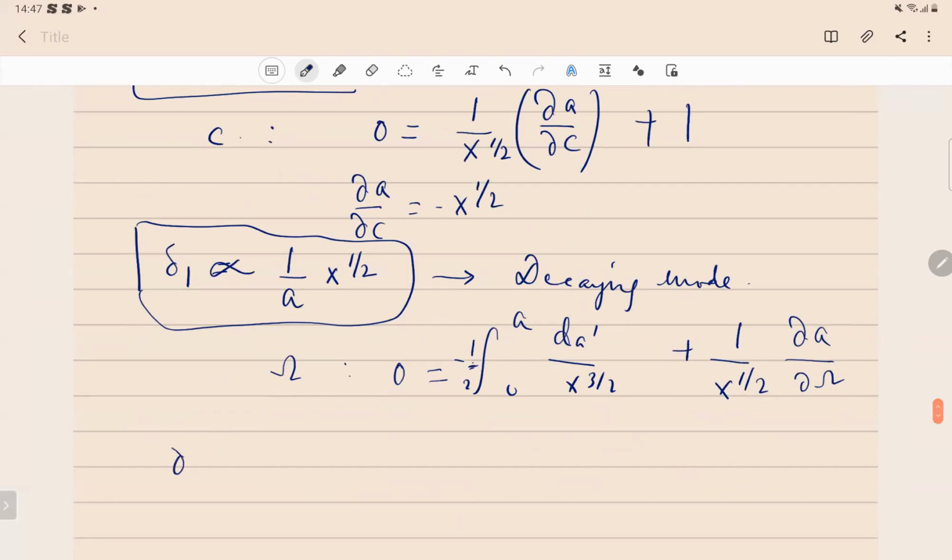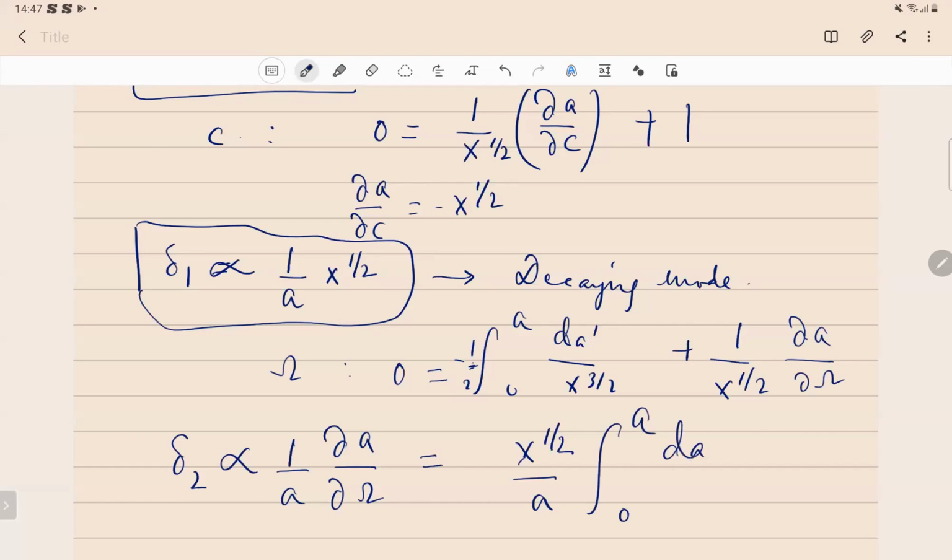So my delta 2, which is proportional to 1 by A del omega, will now be x to the power half by A, and then there's this integral 0 to A dA prime by x to the power 3 by 2.